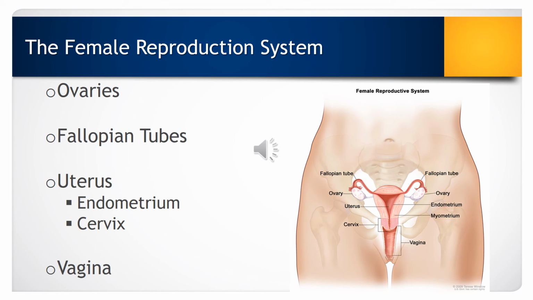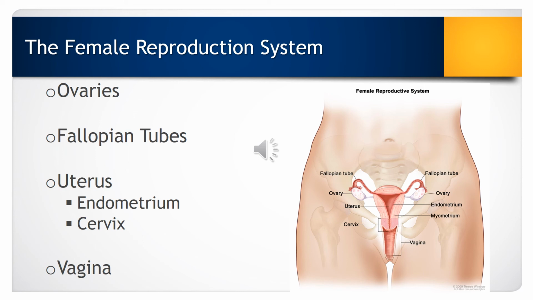The uterus is shaped like an upside down pear. It's about the size of an average size fist. The upper portion of the uterus is called the fundus. The main purpose of the uterus is to house or accommodate the fertilized egg, have it ready for implantation.